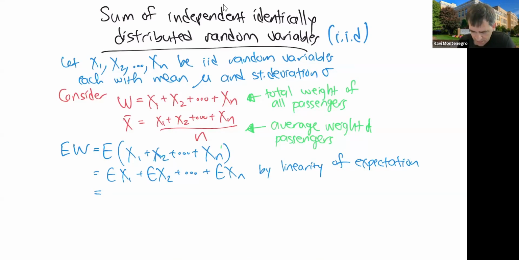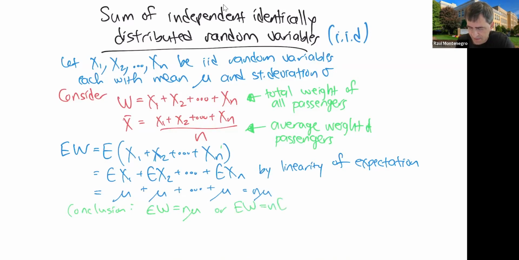So this is going to be mu plus mu, and I keep getting mu all the way out to the end. And there were n of those, so that would be n times mu. So this has shown that the expected value of W was n mu. And if you prefer to see that in terms of single variables, we could write that as EW is n times E of x1.